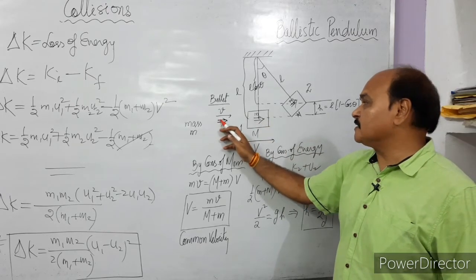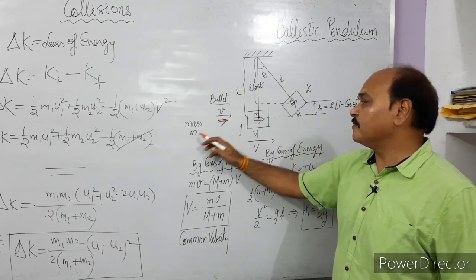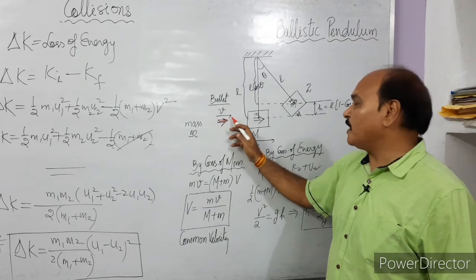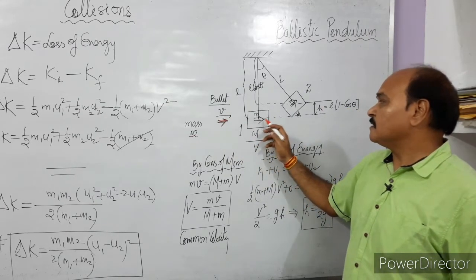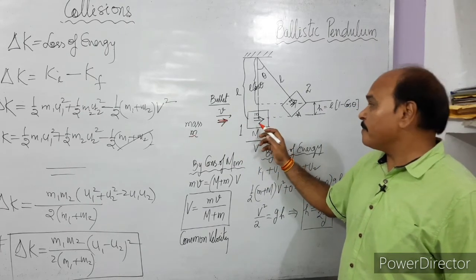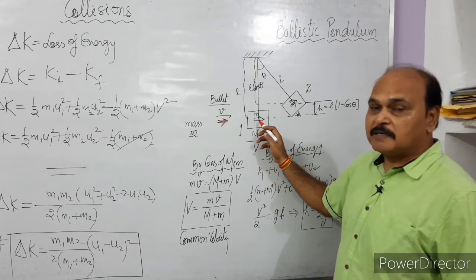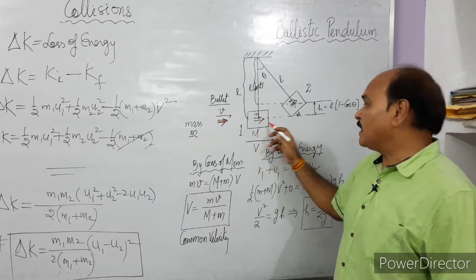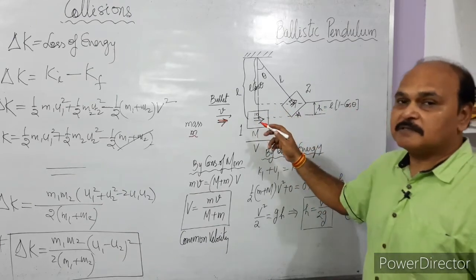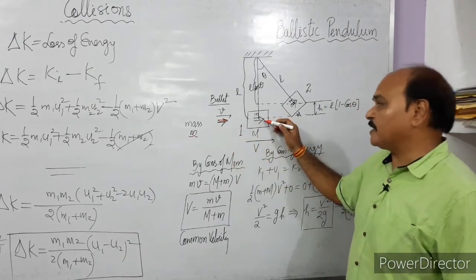This is a bullet of mass m, fired over this capital mass M, and this bullet, after hitting the mass, penetrates it and stays inside. That means this bullet gets stuck with the mass.